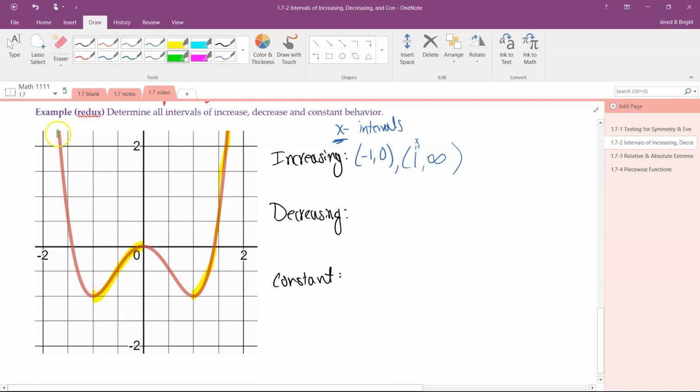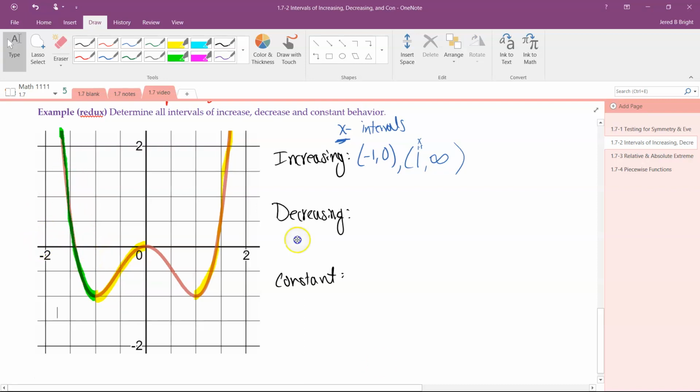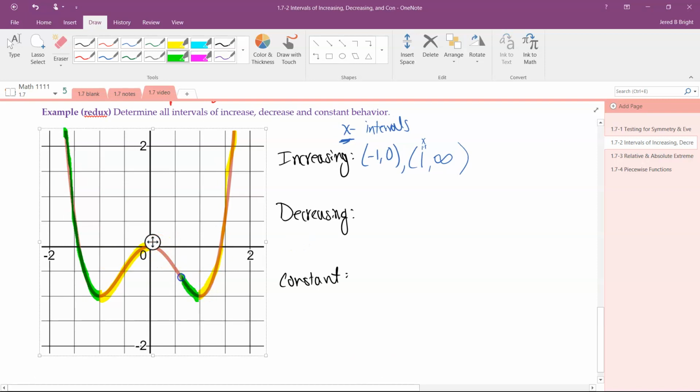Decreasing, you might see, as you go from right to left here, it is falling vertically in that region and also in this region. So my answer for decreasing would be all the way from negative infinity to negative 1. Again, these are x values.